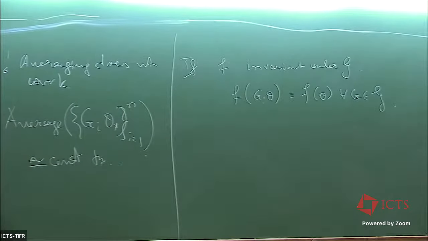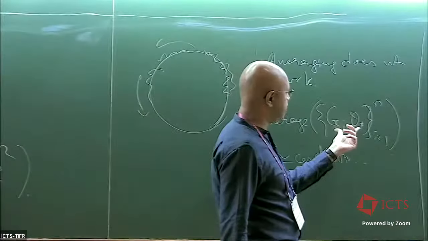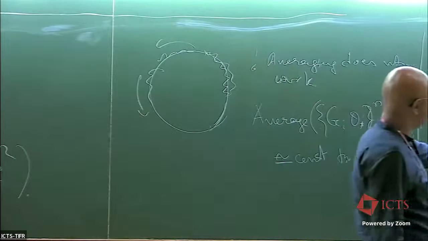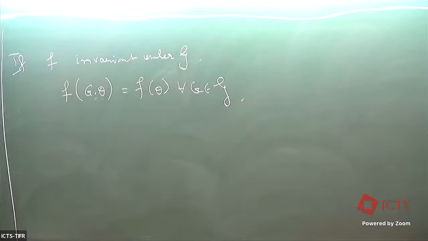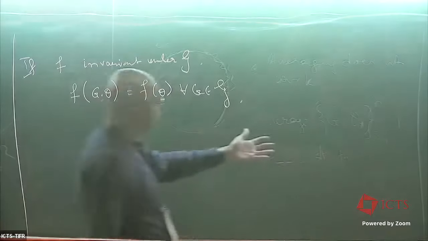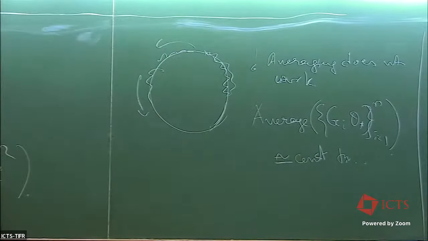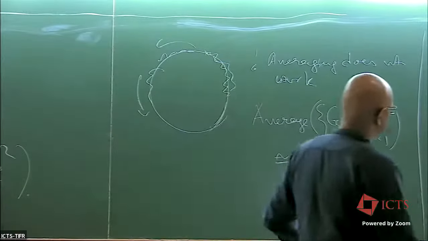Even though theta star might change to g theta star, the value of f remains the same. So if you apply f on your shifted observations and take the average, roughly speaking, you should get many noisy observations of this same object, and so the standard statistical technique should work. So these are good functions.